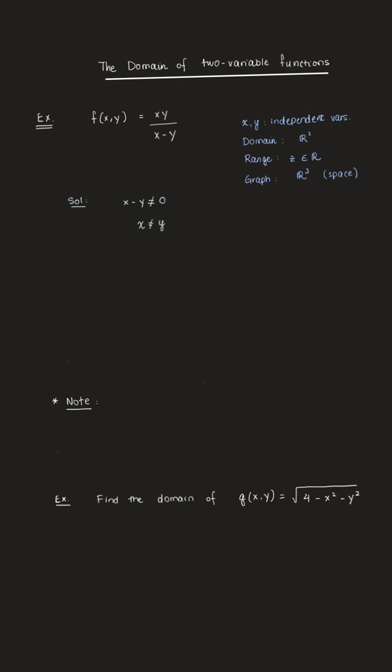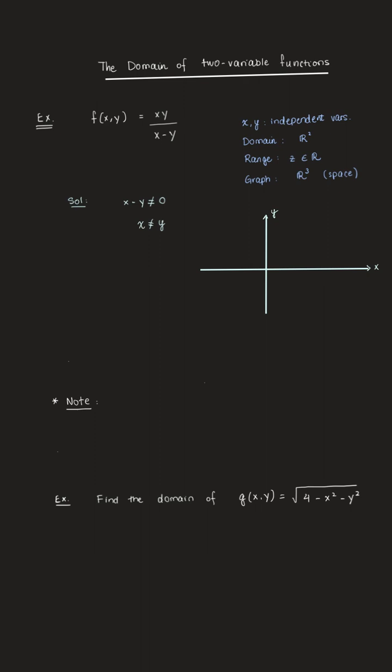So if we try to sketch the domain of this function, the domain again will be in 2 dimensions, in R2, and it can be anything in the xy plane as long as x and y are not equal to each other.